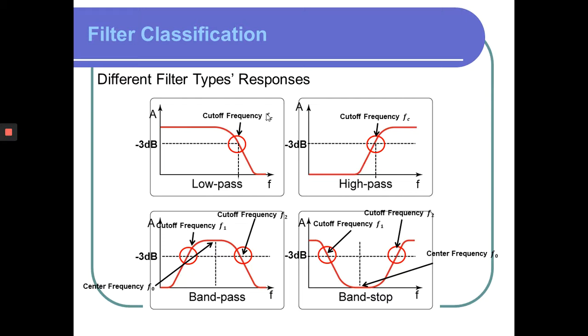What is cutoff frequency? Cutoff frequency is a frequency after which a designer considers that the filter will not receive any frequency further. It still receives, but due to the 3 dB point, 3 dB means a 50% attenuation point.